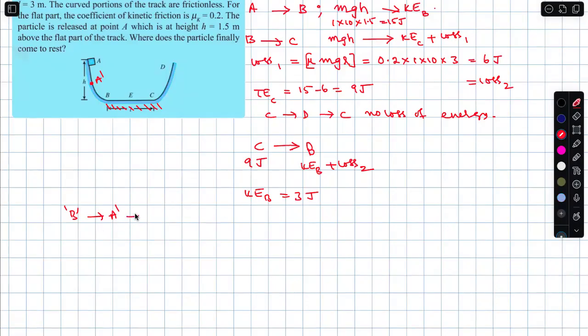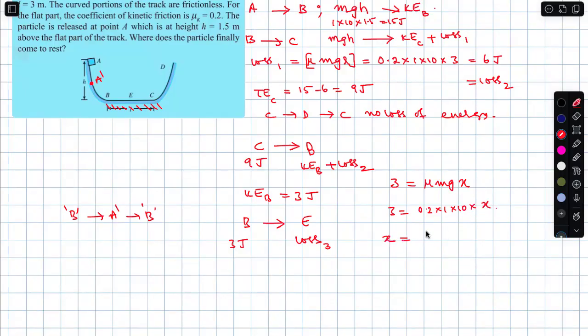Now again, A to B, it will have that same 3 joules. But now it won't reach C because the loss is 6 joules. The energy is 3. So therefore, now B to E. At B, it has 3 joules. At E, it is totally lost. So therefore, 3 is mu mgx. 3 is mu times 0.2 times 10 times x.